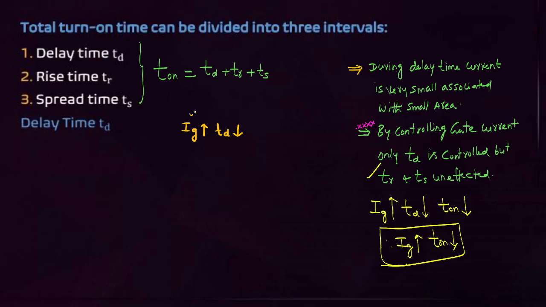That is, by increasing the gate current, delay time is reduced. But TR and TS are unaffected. That is, by controlling the gate current, we cannot control the rise time and spread time because already the J2 junction is saturated. That's the reason why only delay time is controlled by controlling the gate current. This observation is important.